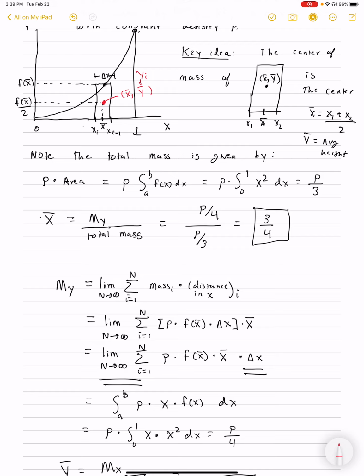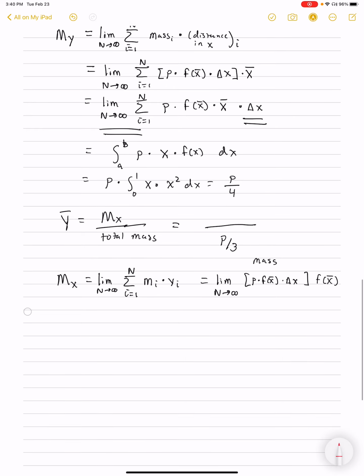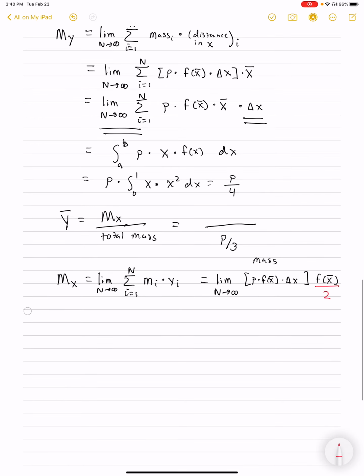That's what it's referring to. Because we're referring not to the height, we're referring to the center of the mass, which is in the center. And y sub i bar, that's going to be f of x bar divided by 2. So I apologize there. This is f of x bar divided by 2. And that's m sub x.